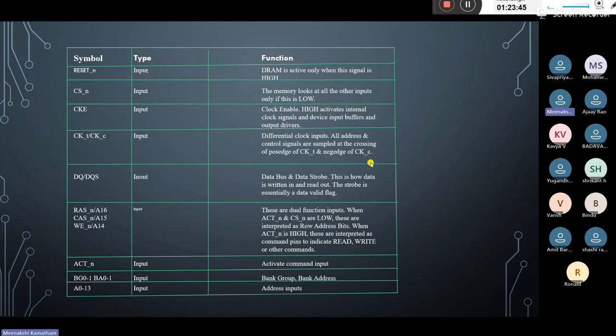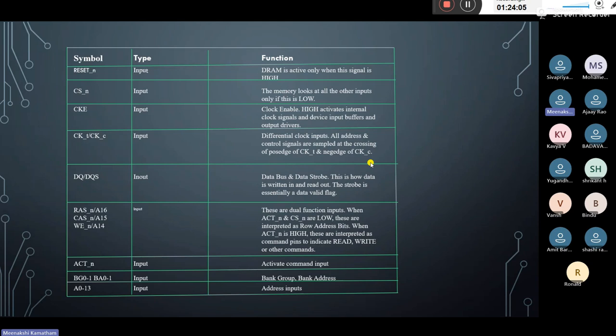This reset is the global signal. Generally, everywhere we are using active low. Whenever the reset is asserted, the remaining signals come to the reset condition. All the things should be in the zero state.